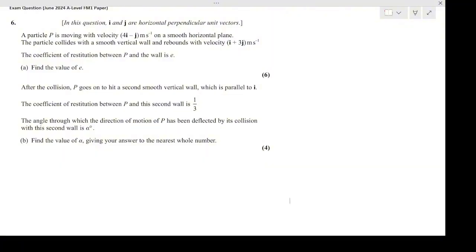Now, hopefully you have seen my previous video, on how you can deal with vectors when the surface is sloped, so it's not vertical or horizontal like that. What we've seen is we can use these two formulas, which you do have to learn. They're not in any formula book.